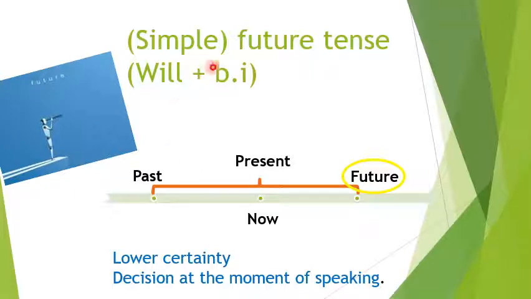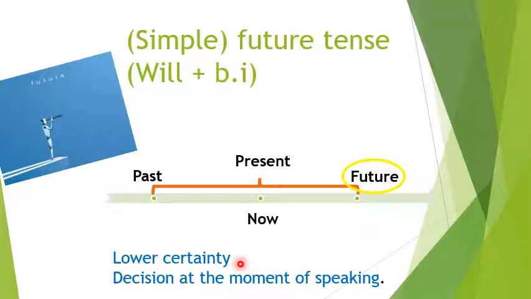When we compare the simple future tense to be going to, the simple future tense has lower certainty. What does it mean by lower certainty? That means that you are not too sure or you are not 100% sure. Then you use will. For example, I will go to Japan. But have you bought the ticket yet?